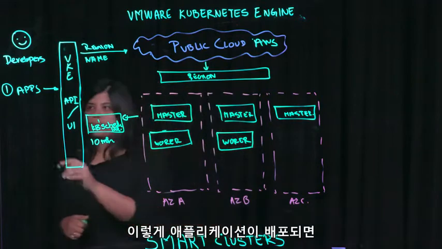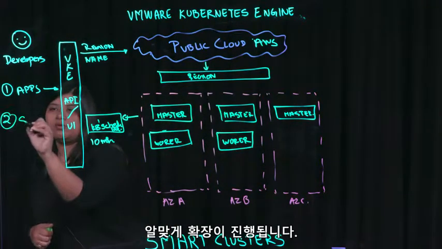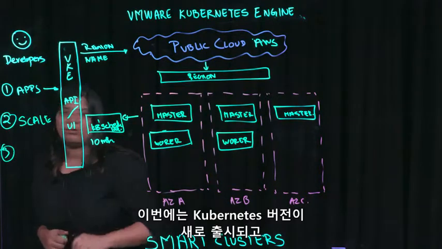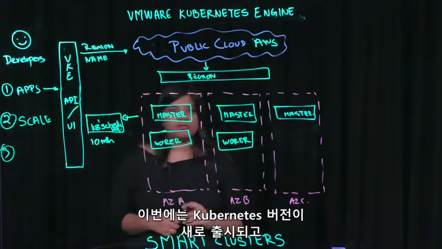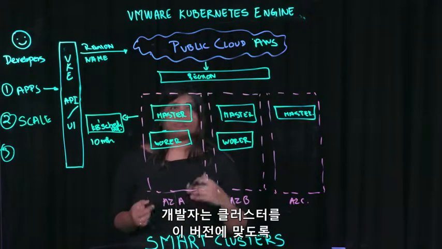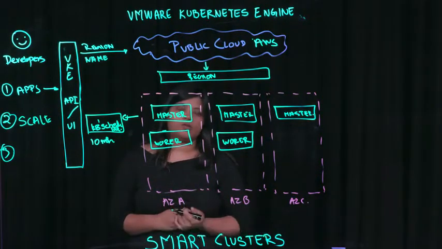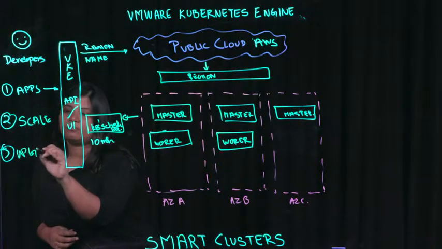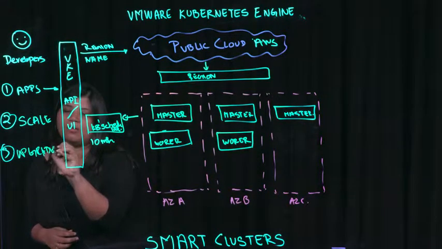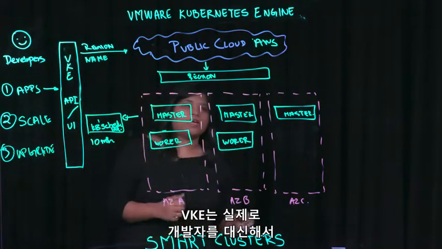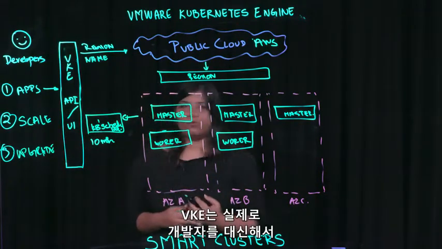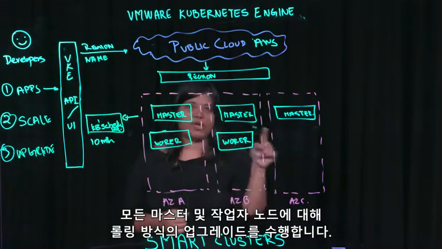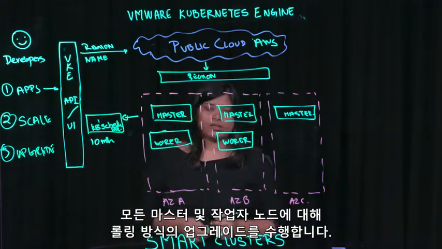Once the apps are deployed, we are also scaling them accordingly. Now, another Kubernetes version comes up and the developer wants to upgrade their cluster to that specific version. VKE will take care of the upgrade for the developer in a rolling fashion for all the master and worker nodes deployed for that cluster.